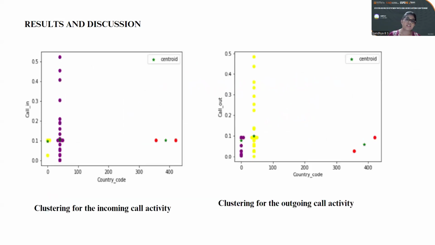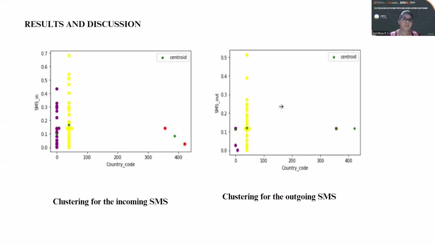Next, it's the results and discussion about how many clusters are obtained for every activity. So for the incoming call activity, we can see the number of clusters formed. And the second plot is for outgoing calls. And these are the clusters formed for incoming SMS.